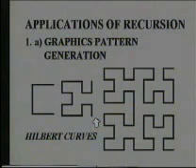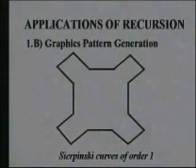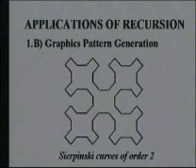And people always use this type of thing in fashion designing to create different types of patterns. Here is another interesting example, called the Sierpinski curve. I have shown you only one order or two orders. But again, just like the previous one, I can generate very complicated graphics using this.